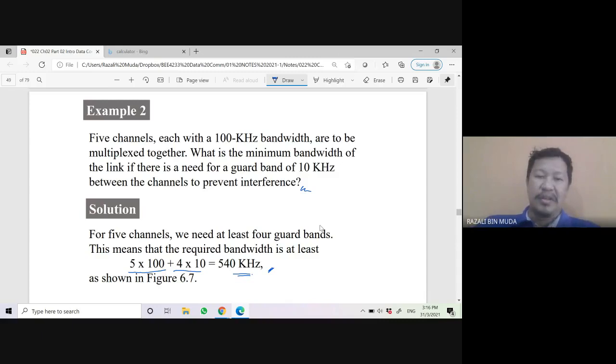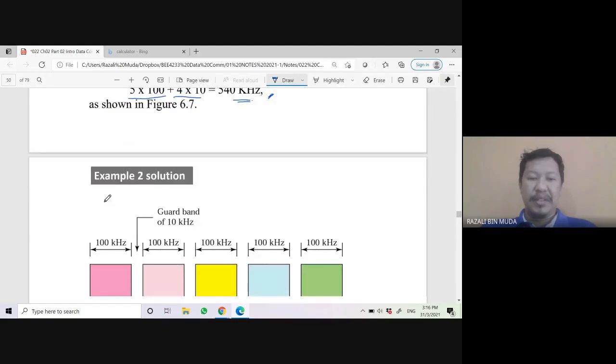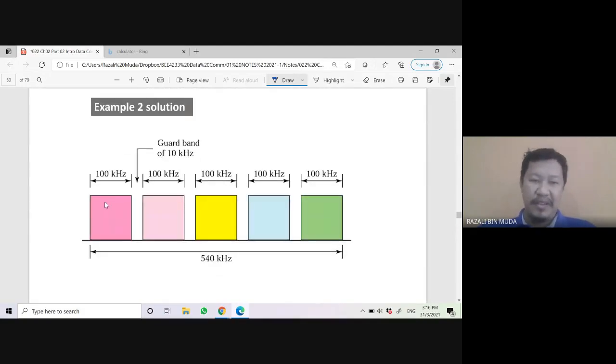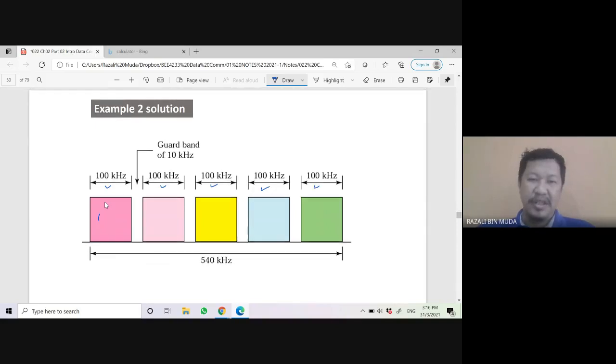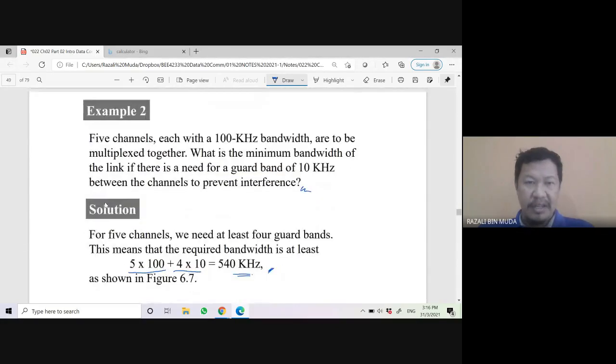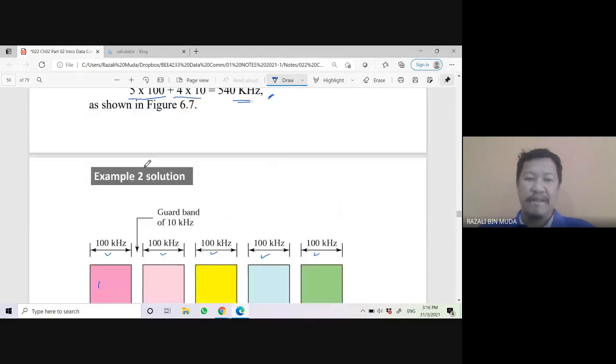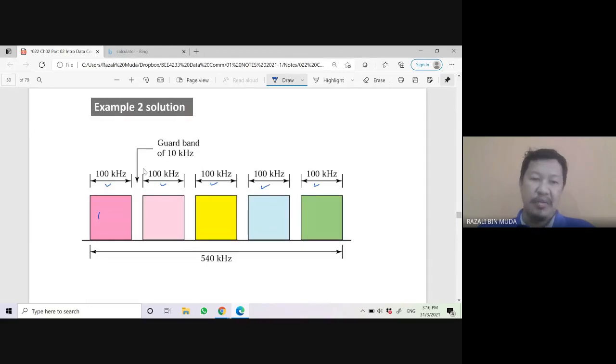Okay, so this answer is shown in the picture below. So you have each of the channels at 100 kHz. Let's say these are 5 radio channels. So each channel occupies 100 kHz. So you have 100, up to 500.